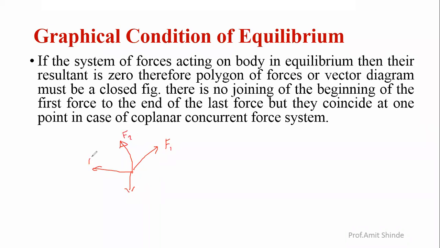If we consider these forces as the sides of a polygon, according to the polygon law of forces, this force is considered as one of the sides of the polygon. Once this force is finished, the next force will start from the next point. Now let us consider this one is the F2 force. One after another we are taking these forces. Then the third force is considered over here, F3.